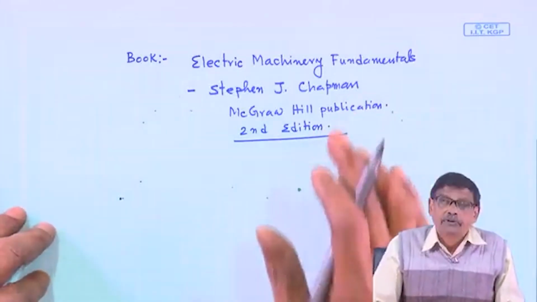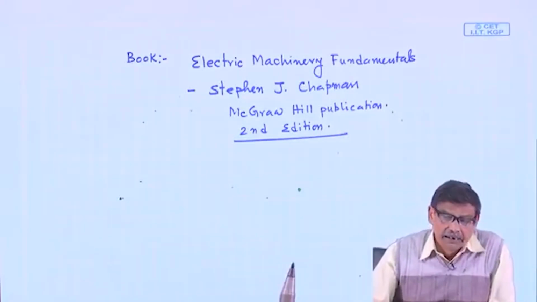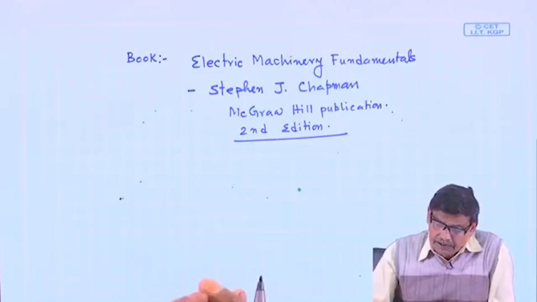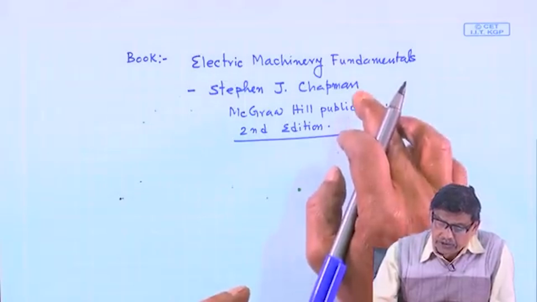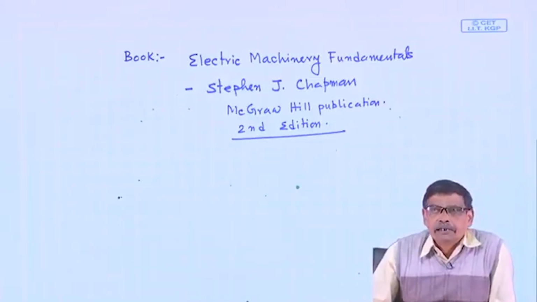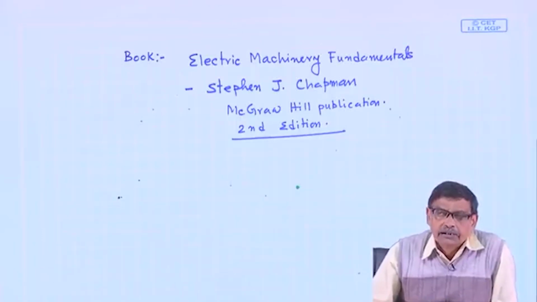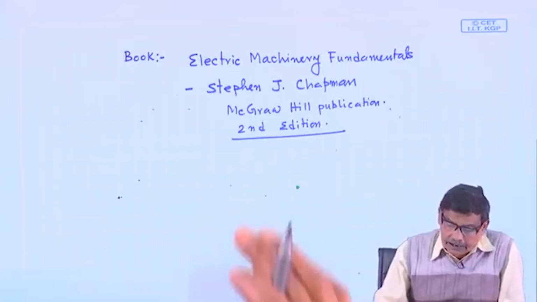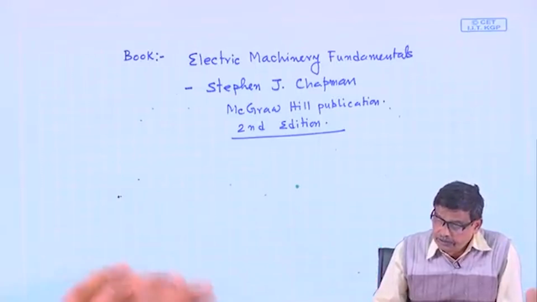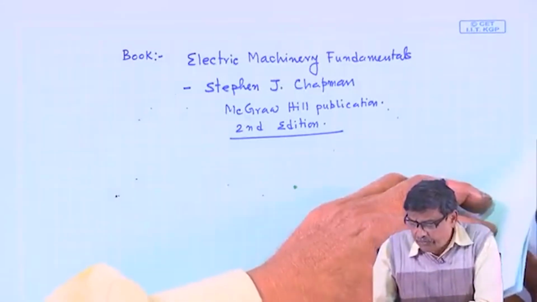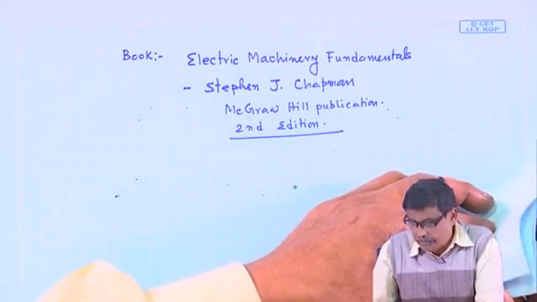In my last 4 or 5 lectures, I have referred to this particular book, for example the expression of the torque, B cross B_S. Those things are very nicely dealt with in this book, and you may please go through it. Other books' names, as and when necessary, I will tell you.